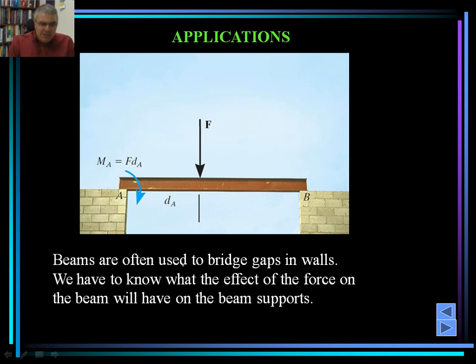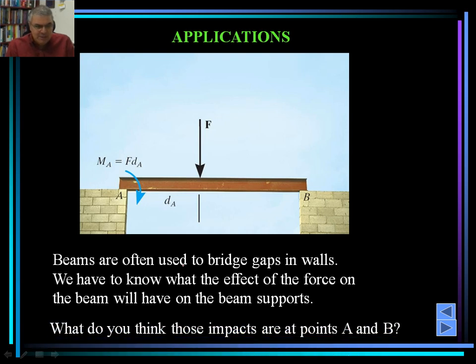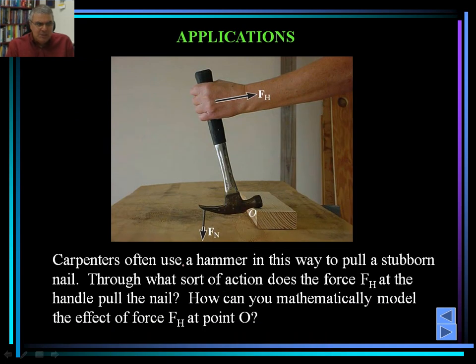We would like to know the effects of force F on the supports A and B. If the conditions of the supports are known, then we may or may not have a force or a moment at A and at B. In this case, A is assumed to be fixed. As such, we are going to have a moment at point A that is simply the force multiplied by d sub A in this particular case. Again, we're just concentrating on the applications.